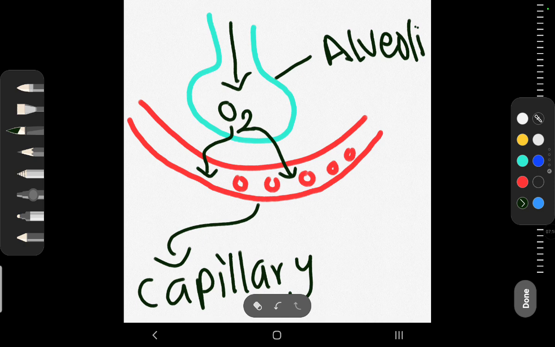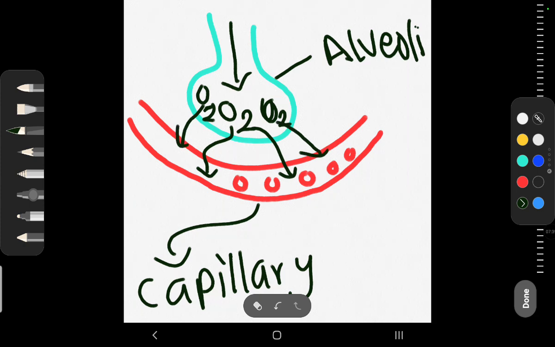So I have a larger surface area for more oxygen to diffuse into the capillary, and hence a smaller diffusion distance to cover. As you can see now, there's a smaller diffusion distance to cover for the oxygen, and as it has a larger surface area, more oxygen molecules can enter at the same time, like that and like that and more.